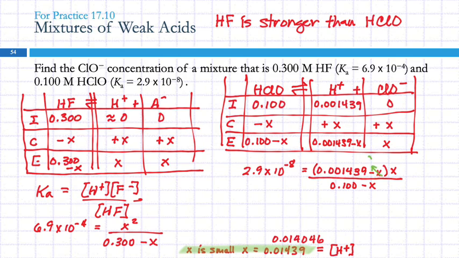We're going to say that that x is essentially 0 and this x is essentially 0. So then x is equal to this number times 0.1 and divided by that. 2.9 times 10 to the minus 8 times 0.1 divided by 0.00.